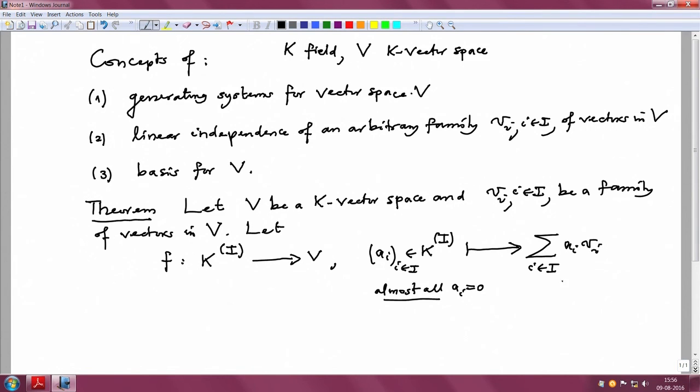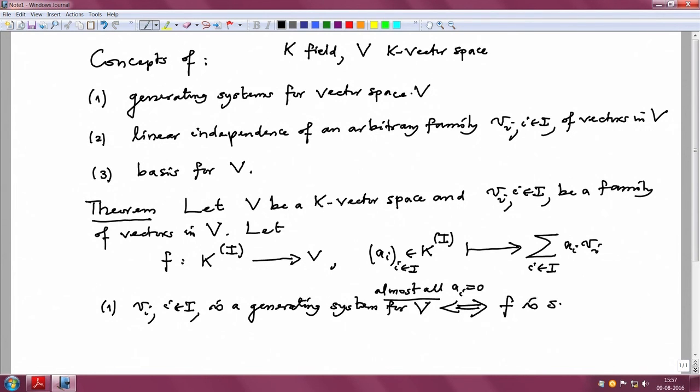So we have a map from K power I to V. Then we have translated these concepts in terms of this map. One, Vi, i in I is a generating system for V if and only if the map F is surjective.